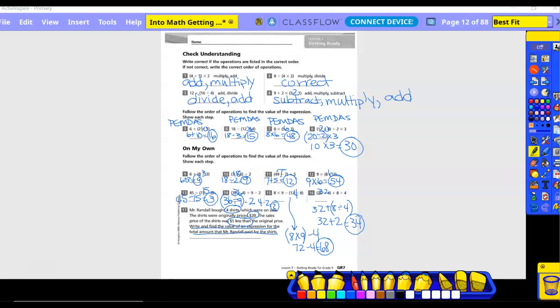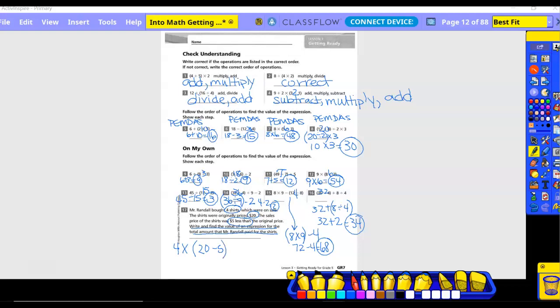So what do we need to do first? 20 minus 5. Okay. Can we write our things in order, or what do we need to do? I can go ahead and write 4, and then what's going to be my symbol? Multiplication, right? And then I heard somebody say 20 minus 5. Does that work?